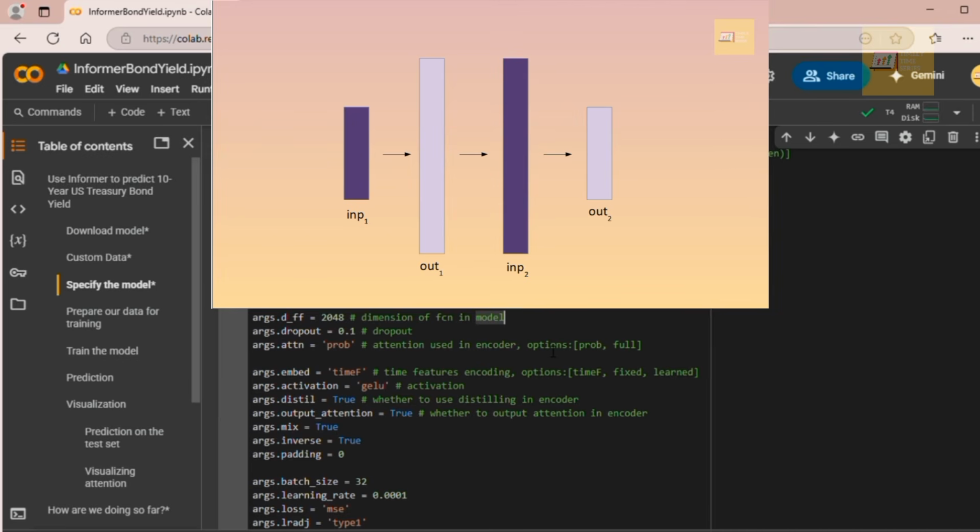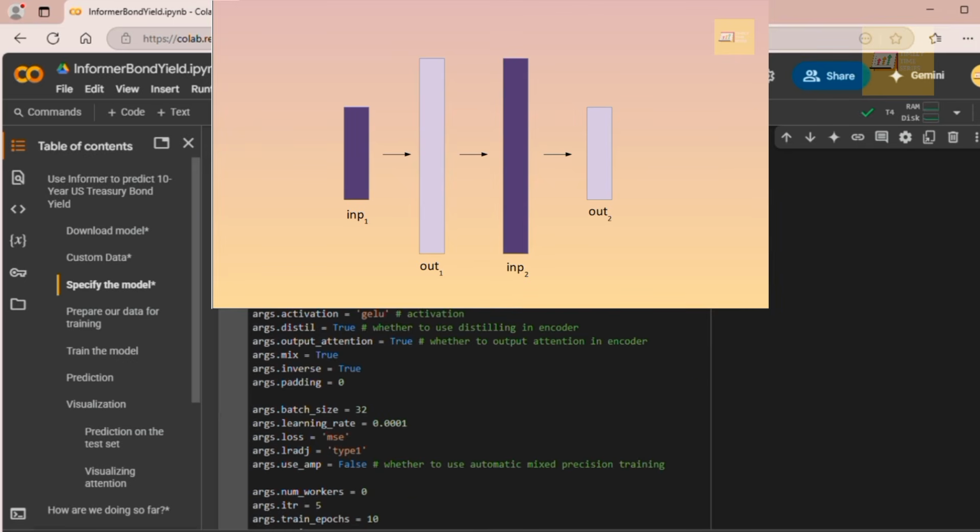So the output dimension of the first layer is the input dimension of the second layer, and that dimension is 2048. The type of layer that we're talking about could be dense layers like MLP or a fully connected network, but it could also be a convolutional layer with kernel size of 1, and that's what they do in the code.